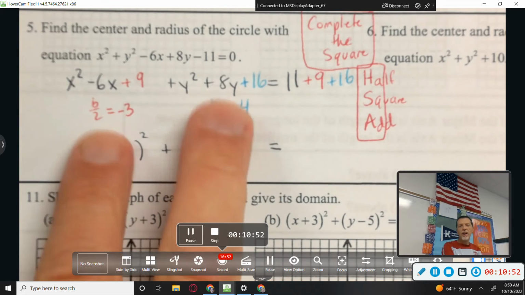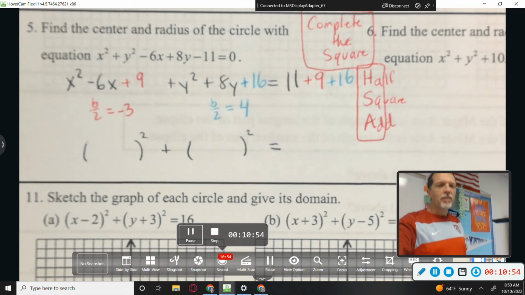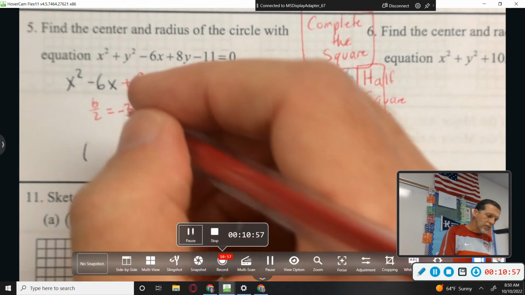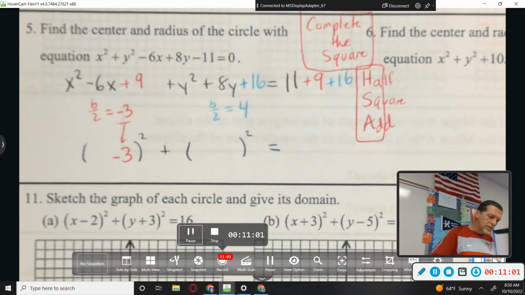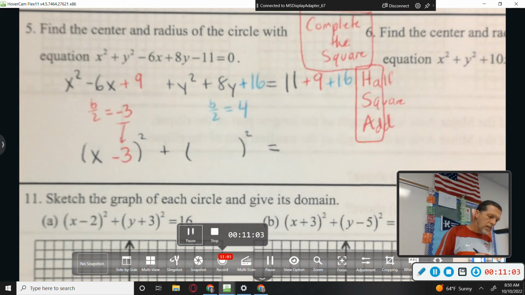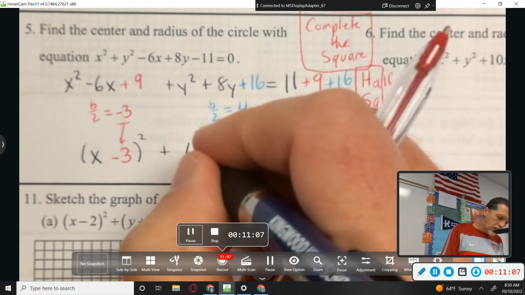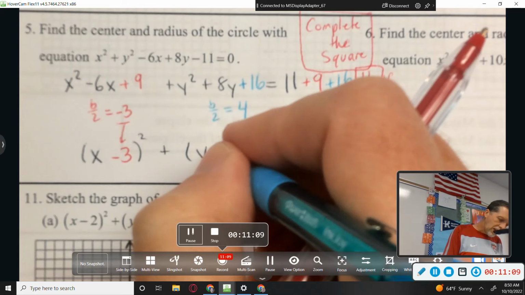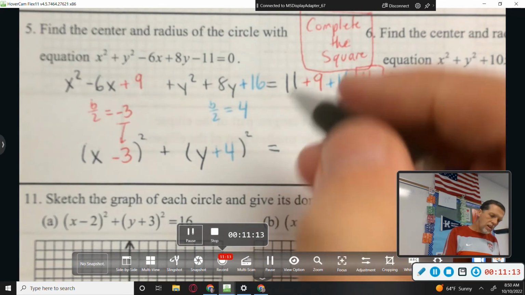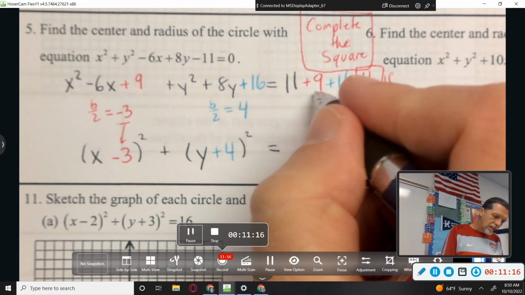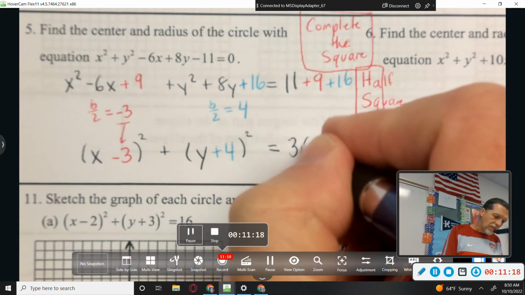But factoring isn't like factoring where we have to figure something out, because the factor is always whatever b over 2 was. So x minus 3 squared plus y plus 4 squared. And then on the other side, 20 plus 16 is 36.